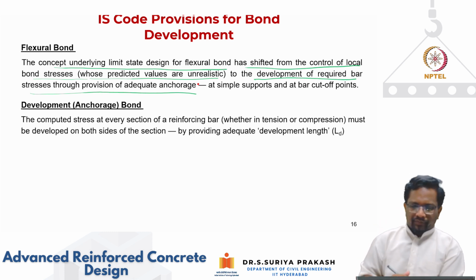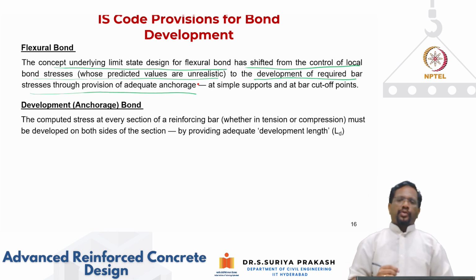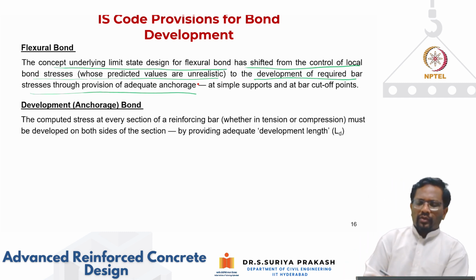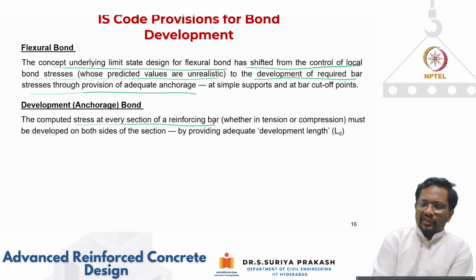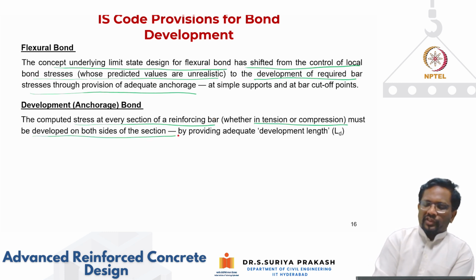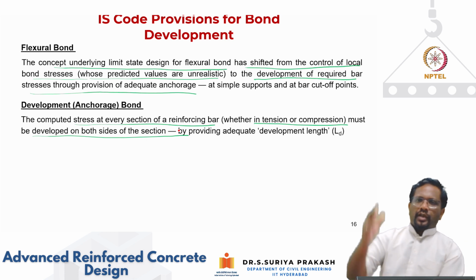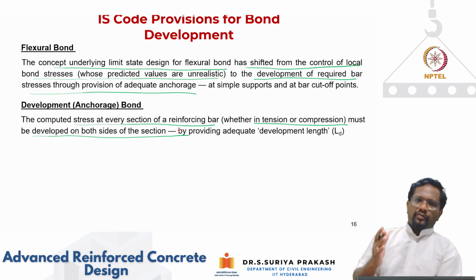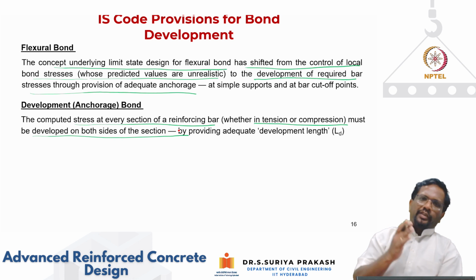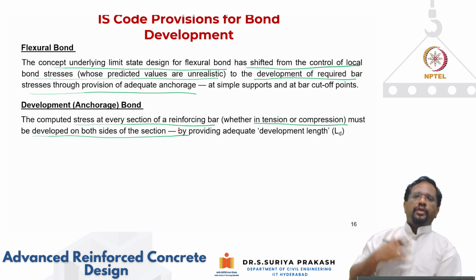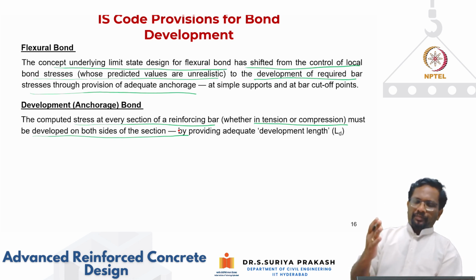So let's look at what we call development or anchorage bond. The computed stresses at every section of reinforcing bar, whether in tension or compression, must be developed on both sides of the section. That means if I need a certain tension force for a particular bar, what is the maximum tension force I should be able to develop? Ideally, at the critical section, it should be yielding.